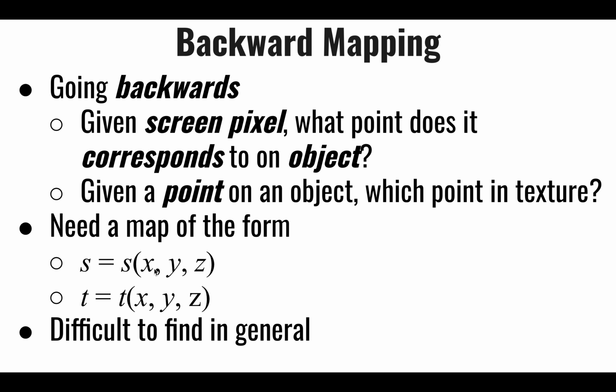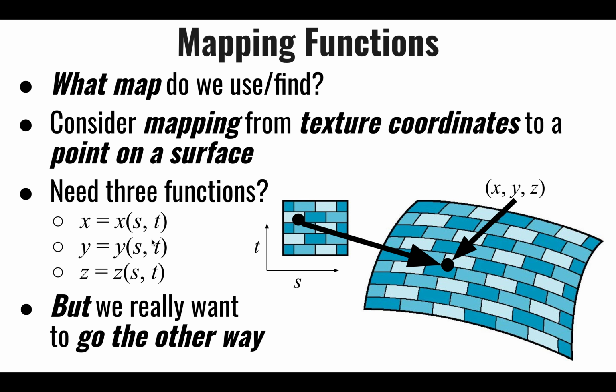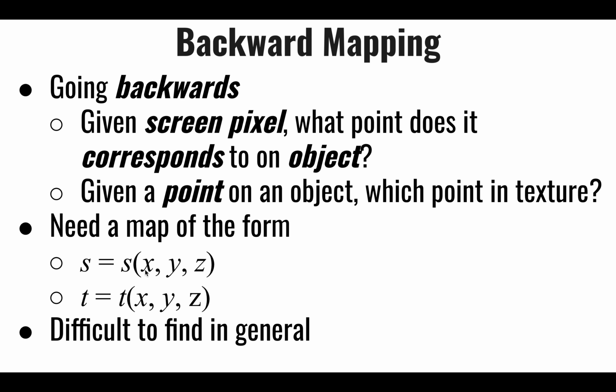So instead of going from ST and trying to find out what X, Y, and Z are, which is basically what we're looking at here, given ST, trying to find its representation on the 3D object, we want to go backwards. We have a point on the screen, we have a point on the surface of the object.